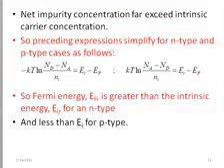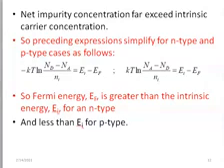Okay, so in this case the Fermi energy Ef is greater than the intrinsic Fermi energy Ei, and because of that, if you want to make Ef the subject, we will be left with Ef equal to this one, Ei plus this.